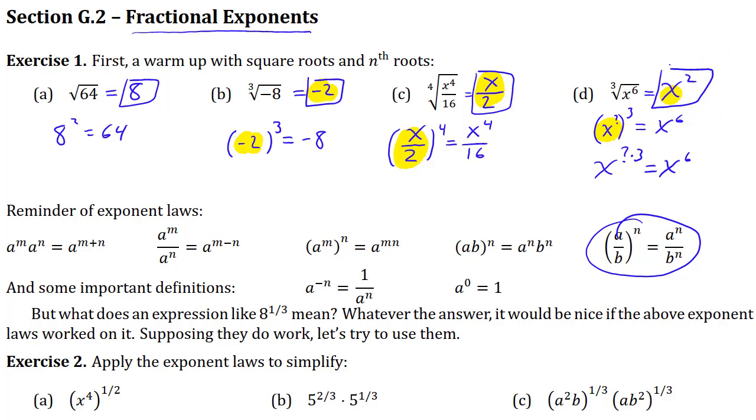Because if the question mark is 2, then you'll do 2 times 3 to get 6. All right, so that's a review of square roots and cube roots and fourth roots.